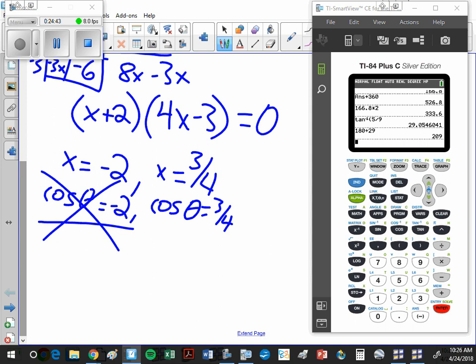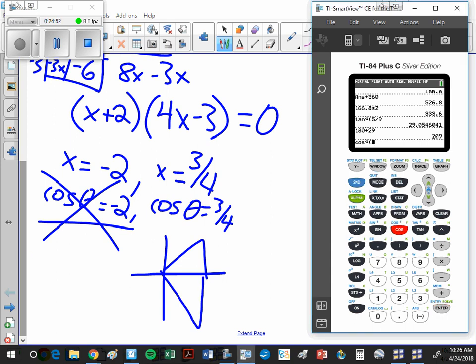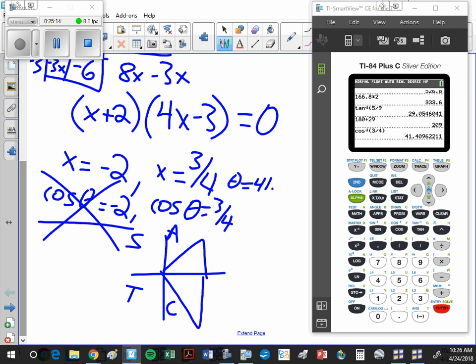Where is the cosine of theta equal to 3/4? In 1 and in 4. So if I invert the cosine of 3/4, where is cosine positive? 1 and 4. So we end up with theta equals 41.4.